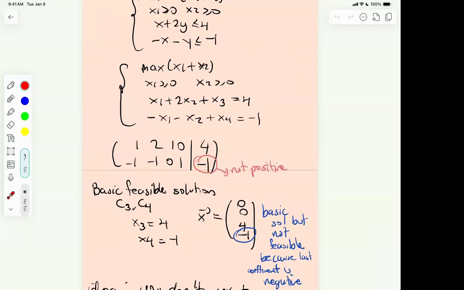So the feasibility, which is the non-negativity of each variable, is guaranteed for free. But now, if you take as a basis these two columns, then the basic solution would be 4, -1, and the rest of the entries are 0, and that one would be negative.